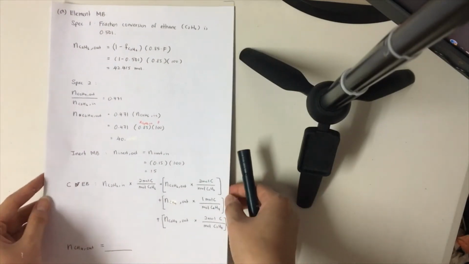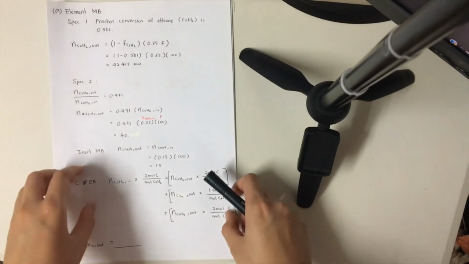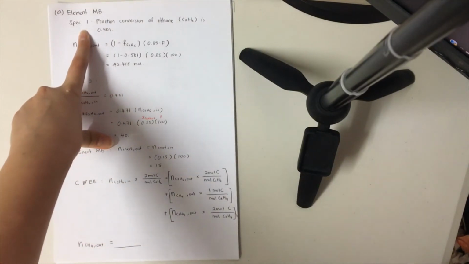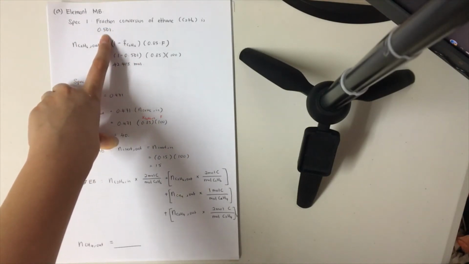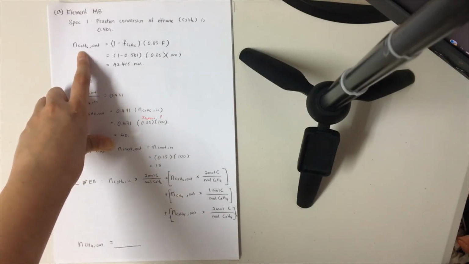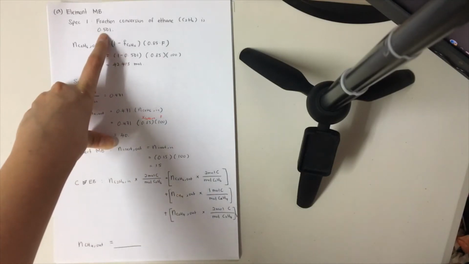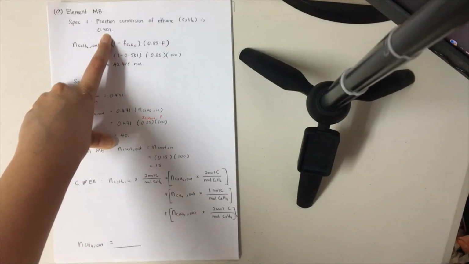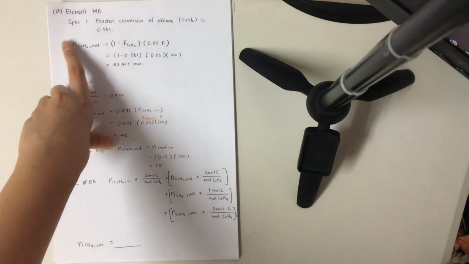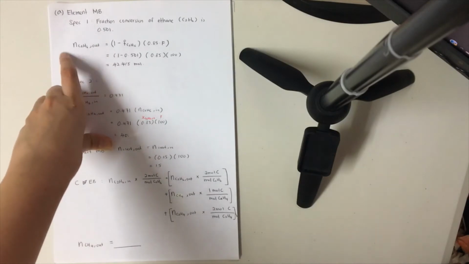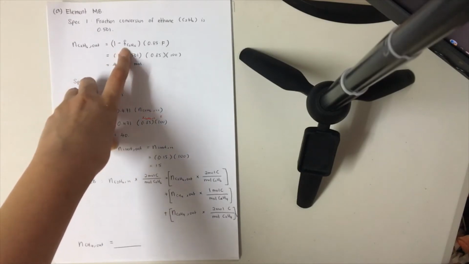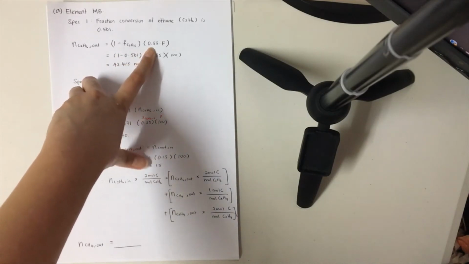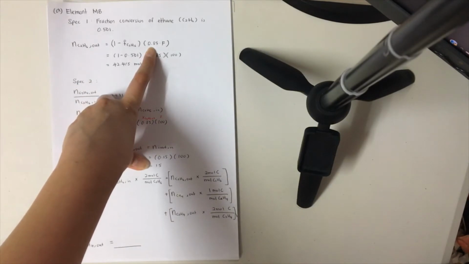For part A, elemental balance. Using specification number 1, the fraction conversion of ethane is 0.501, which means a 0.501 fraction of ethane is converted. Therefore, the remaining part comes out, right? So we take 1 minus this, which is the remaining part, multiplied by the number of moles of ethane in the feed.